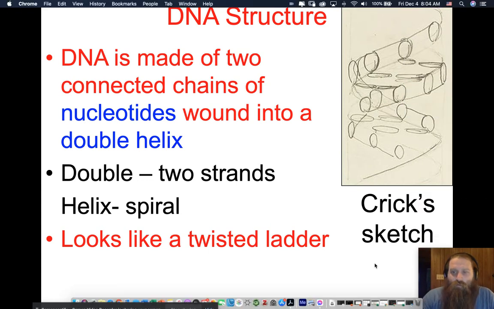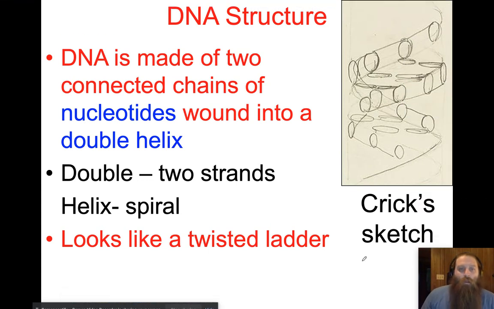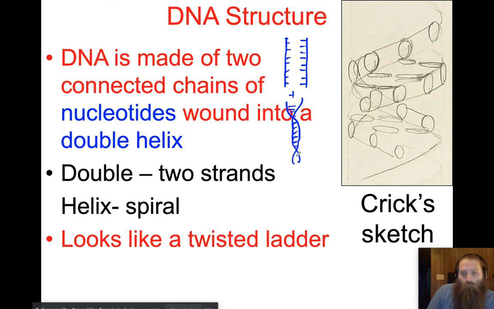All right, so here's Crick's sketch of the DNA molecule. It is 2 chains, so think about it as chain 1 with 1/2 of the ladder, and then chain 2 with the corresponding half of the ladder, and we put those together, and they twist, right, and we get DNA.